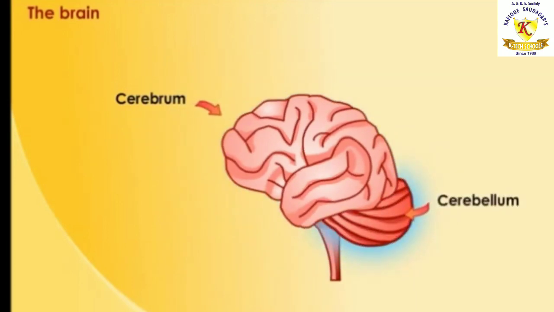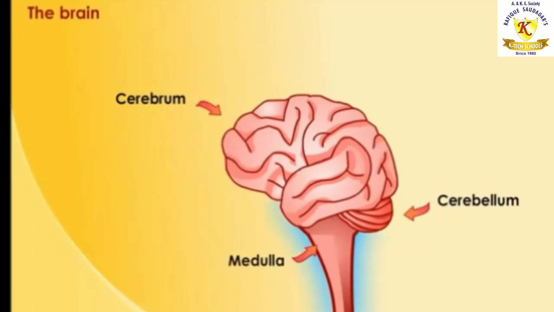Cerebellum or small brain coordinates the working of our muscles and helps in maintaining our balance. Medulla or brain stem is like a bulb below the cerebellum. It keeps on working day and night, whether we are awake or asleep. Medulla controls the involuntary actions like heartbeats.